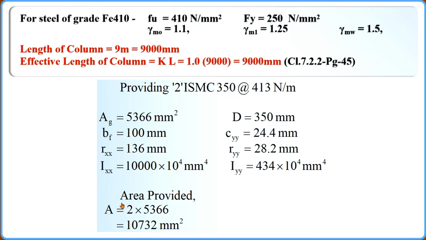So the total area provided is 2 into 5366, that is 10,732 mm square, which is the total area of the channel sections. It may be in face to face or back to back position, but here the total area will be 10,732 mm square.